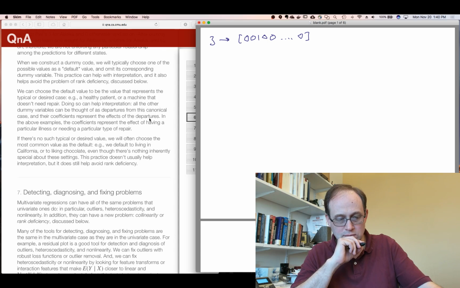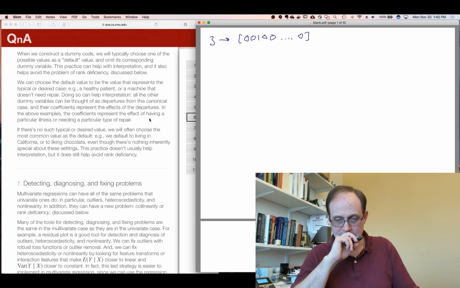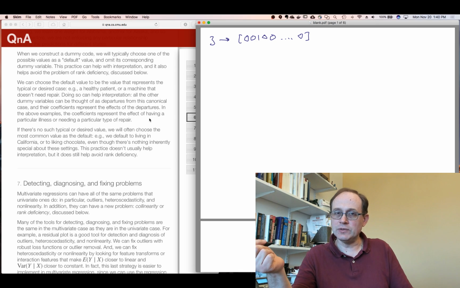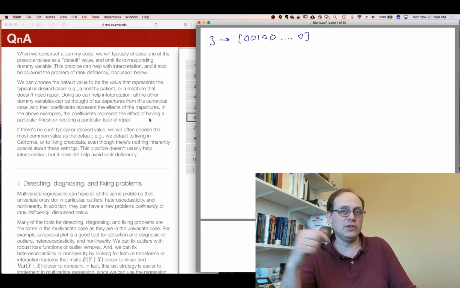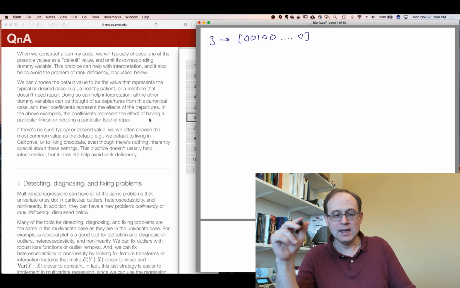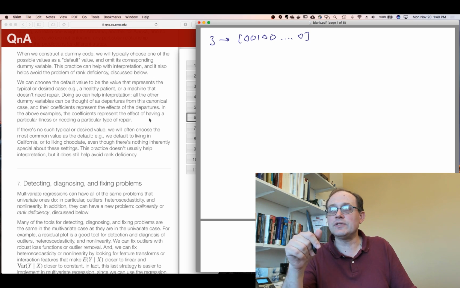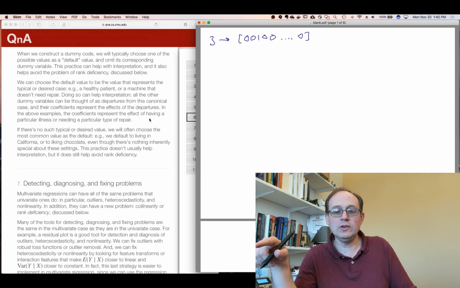All right, so dummy coding is basically just that. One useful thing is that a lot of times it's worth picking one value of the variable as a default. So let's say the default is that everybody's from Pennsylvania, and then you omit that one of the dummy variables. And the reason for that is that if you include all of the dummy codes, and then you center, right?